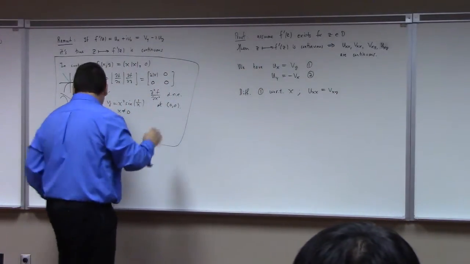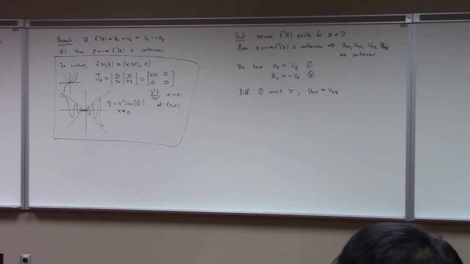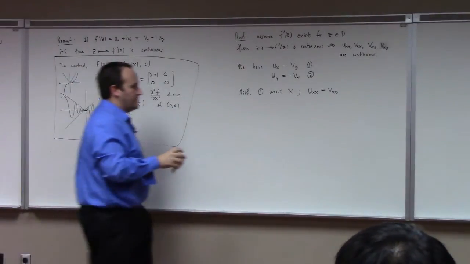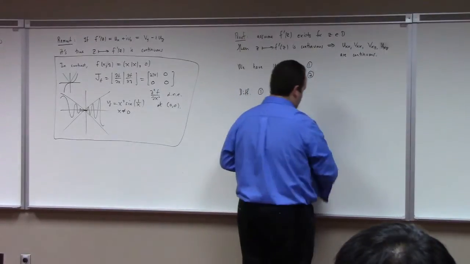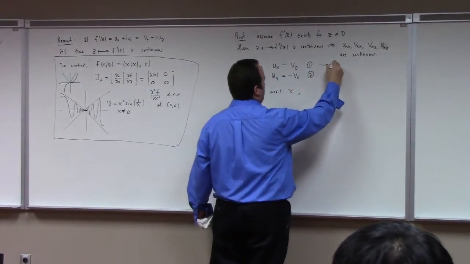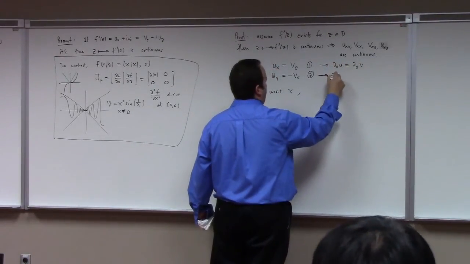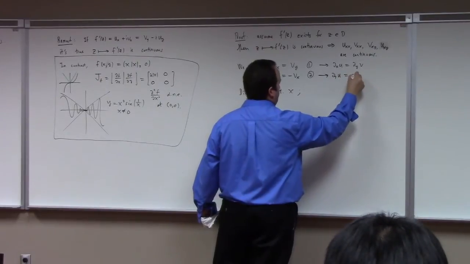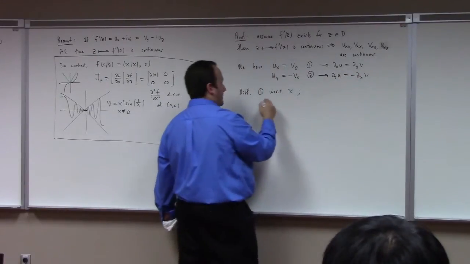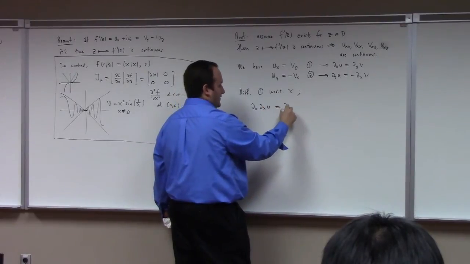Oh, I'm sorry, guys. Let me just use a less ambiguous notation, since the whole proof here is mostly about commuting partial derivatives. So I'm going to rewrite this as partial x of u is equal to partial y of v. I'm going to rewrite this as partial y of u is equal to minus partial x of v, if you don't mind. So then partial x of u is equal to partial x partial y of v.